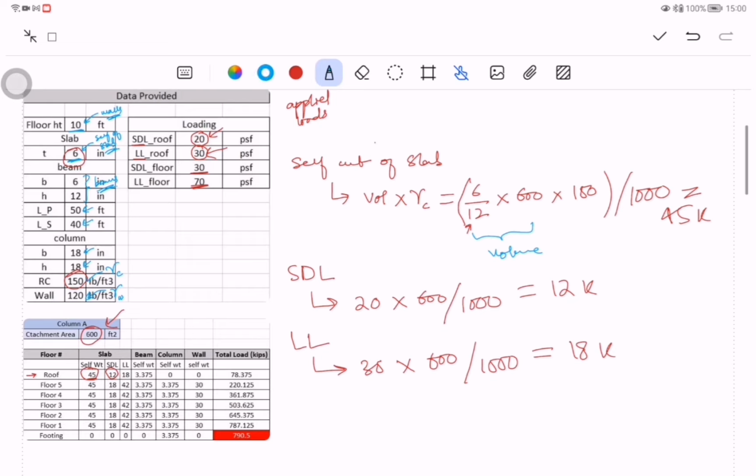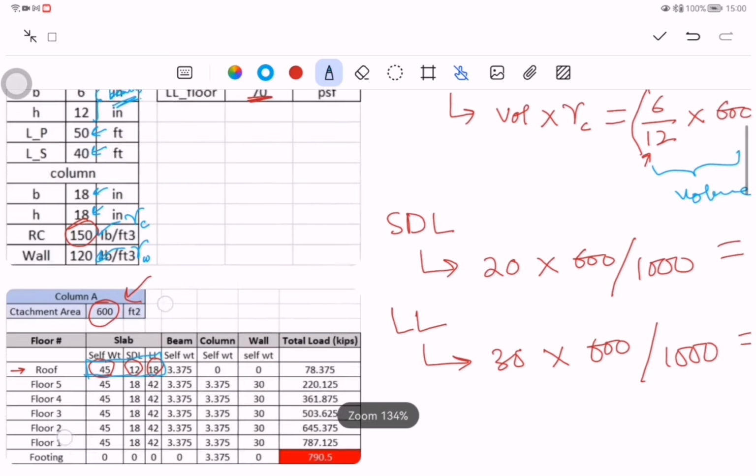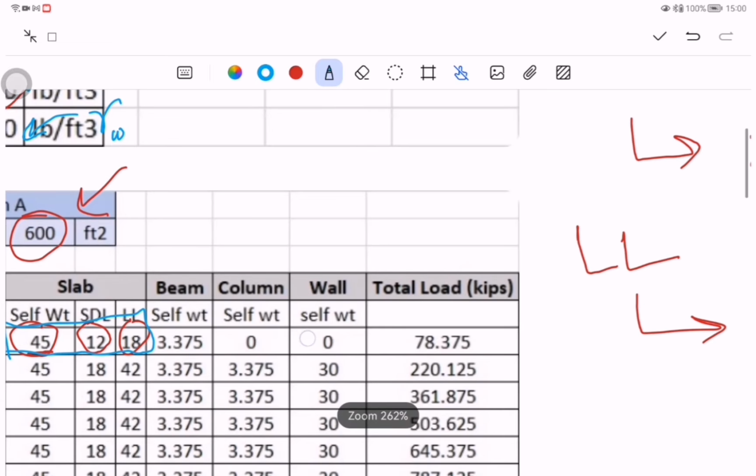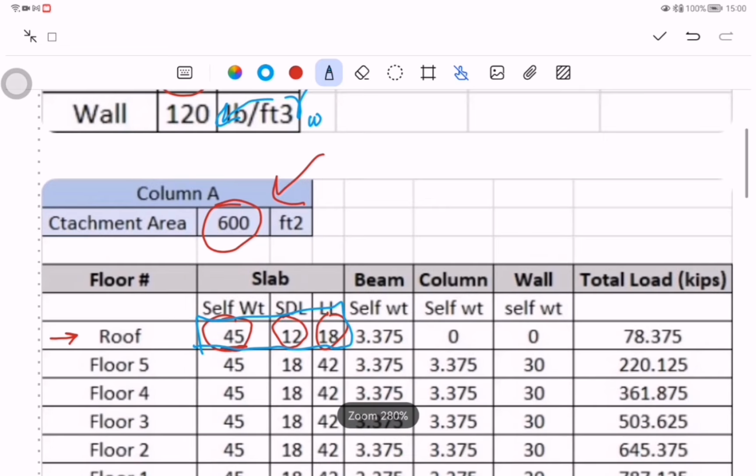So these numbers are being reflected over here, right? So these numbers are being reflected over here, right? So now you know how you calculated these numbers, right?